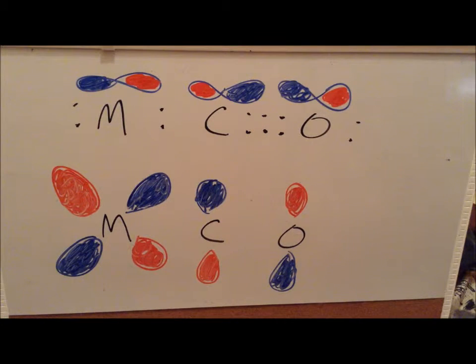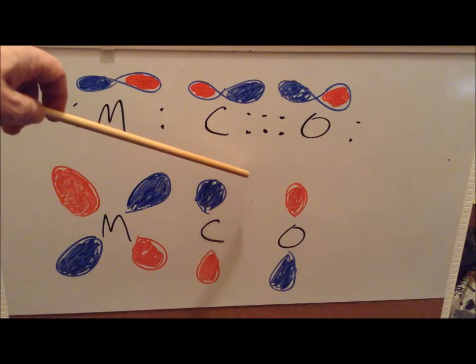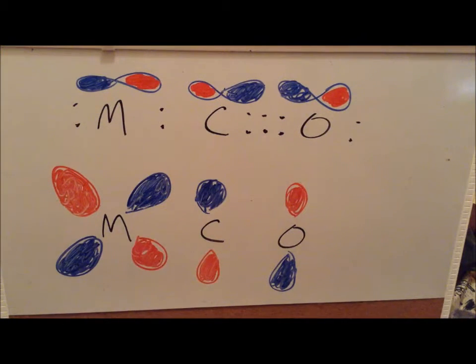And one of the important aspects of this is that electron density is going into and filling up a pi antibonding orbital. When we put electrons into bonding orbitals, it increases the bond order, it increases the bond strength, and makes the two atoms come closer together. When we put electron density into an antibonding orbital, it reduces the bond order, weakens the bond, and moves the atoms further apart.